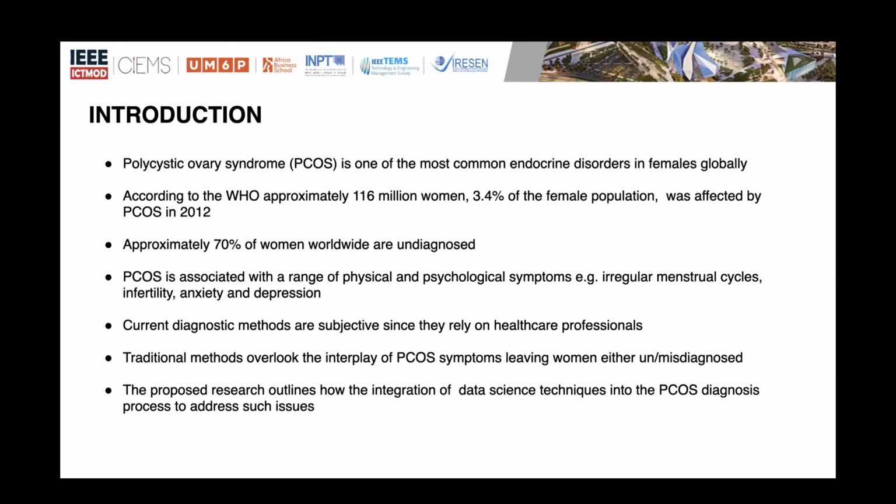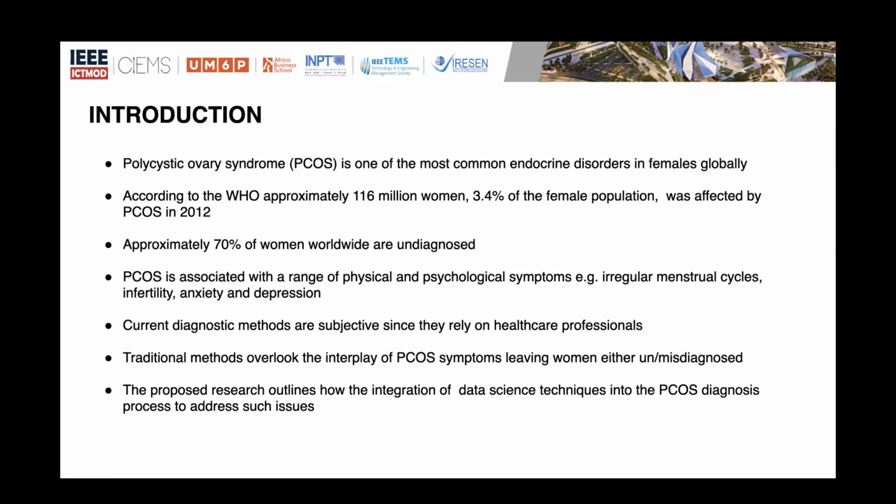The issue in having a well-rounded PCOS diagnostic method is that PCOS can have a significant impact on women's health, and it could also present itself in women differently. Symptoms range from physical and physiological, for example irregular menstrual cycles, to infertility, and even things like anxiety and depression.